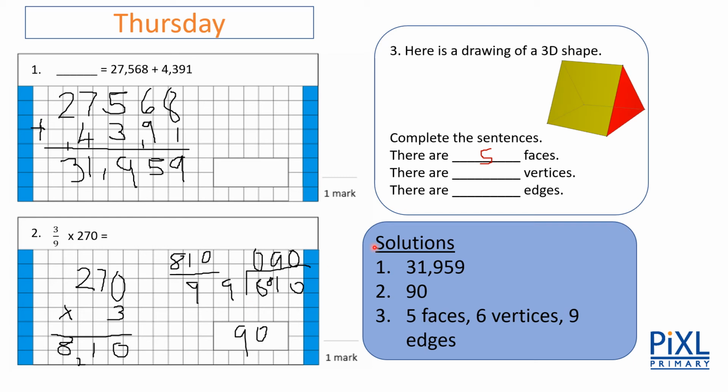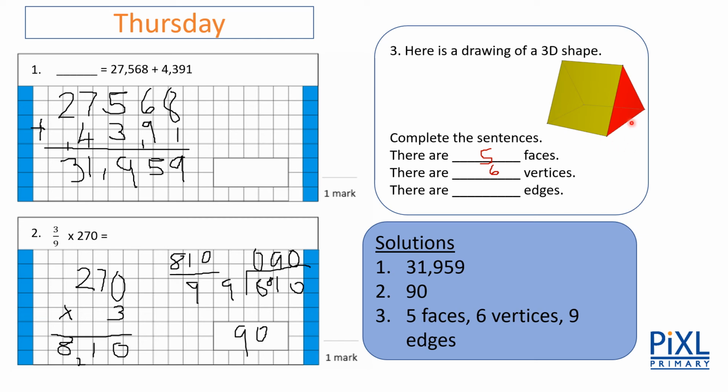Right, my next one, I'm looking at my vertices. It is saying I've got 6 vertices. Remember, vertices is where the straight lines meet to create corners. So, 1, 2, 3, and on the other side, 1, 2, 3. 3 add 3 is 6. My last one, my edges. Remember, my edges are the straight lines of my shape.